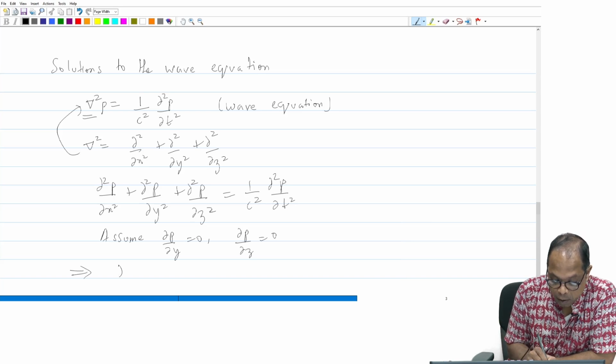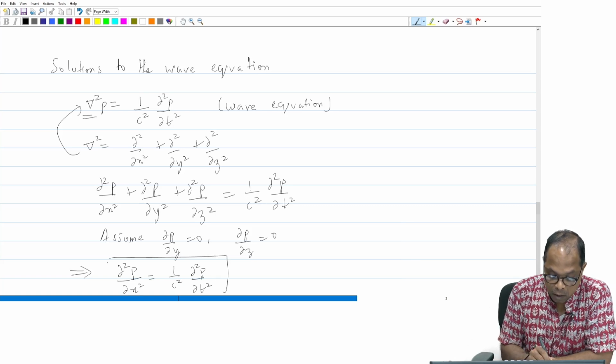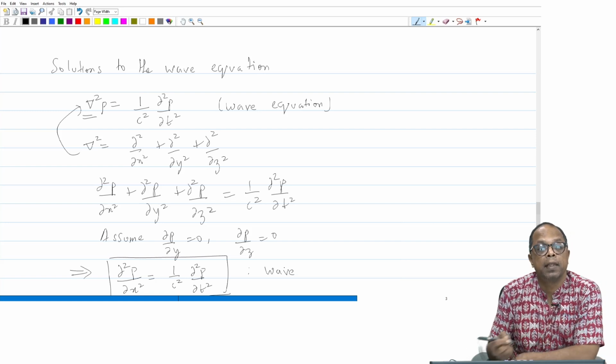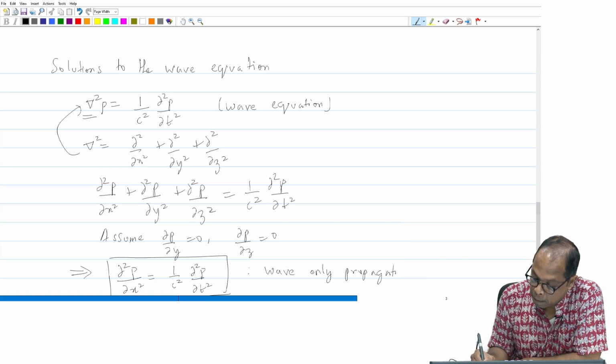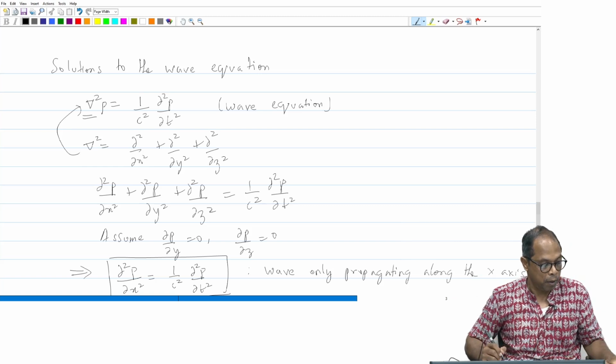That implies there is only x and t term. So, you could say that this wave is only propagating along the x axis.